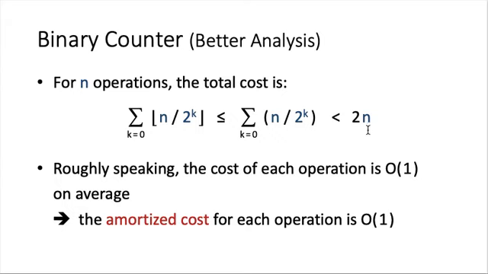What does that mean? For n operations, the total number of times all the bits are flipped is bounded by 2n. Roughly speaking, 2n flips per n operations means the average cost is order 1 per operation. More formally, we are saying that the amortized cost for each operation is order 1.